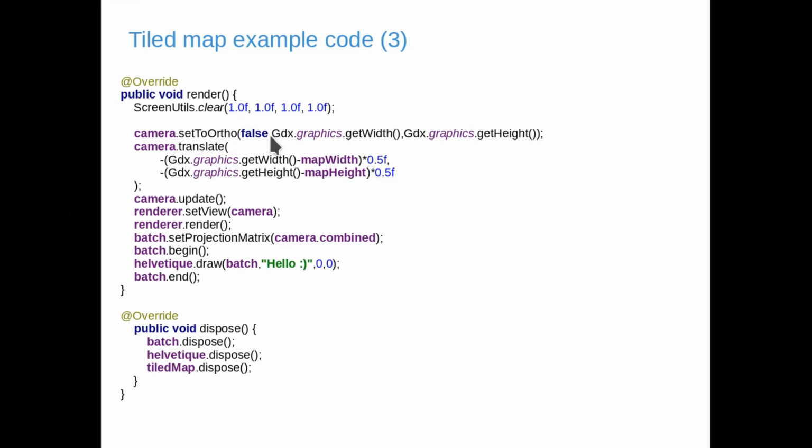Initially, I set the camera to look at the window region from 0, 0 to 400 by 400. And then I translate, that's move the camera down to the appropriate position. I do camera update to recalculate the combined matrix, and then I specify the parameters of the camera to the renderer using its setView method.